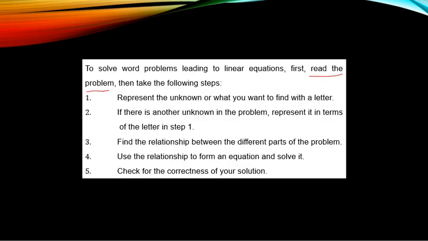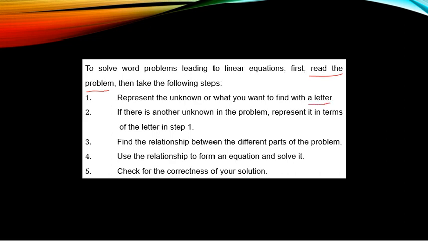To solve word problems leading to linear equations, first read the problem, then take the following steps. Step 1, represent the unknown or what you want to find with a letter.